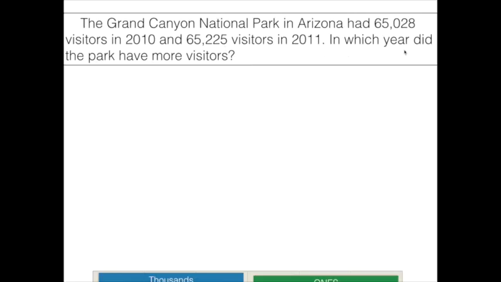In which year did the park have more visitors? Well, what am I being asked to find? I'm being asked to find which year did the park have more visitors. Was it 2010 or was it 2011?